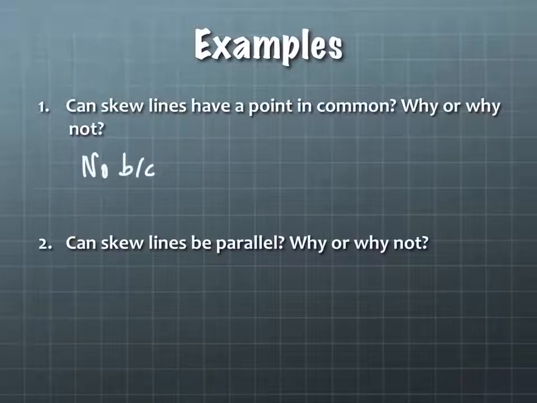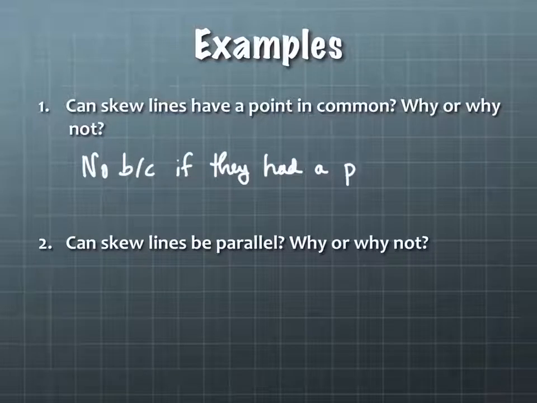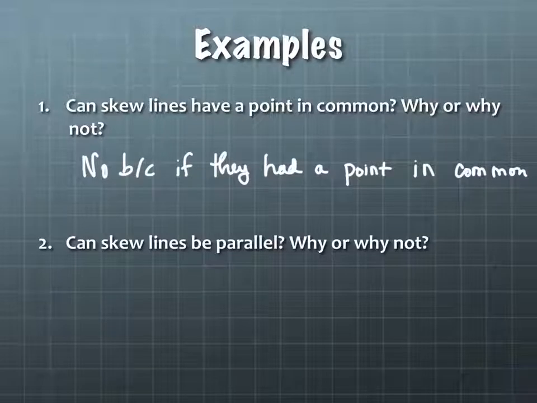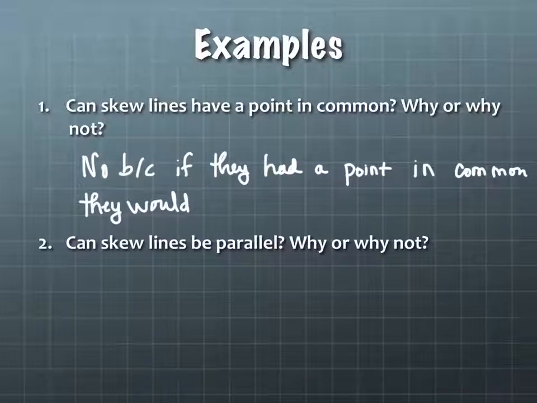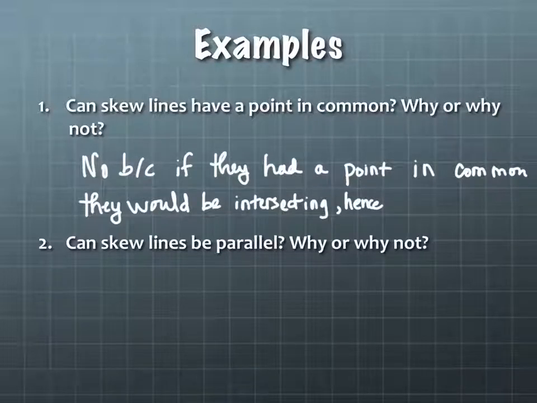No, you're right, because if they had a point in common, they would intersect, or they would be intersecting, if you want to get the English a little bit better.